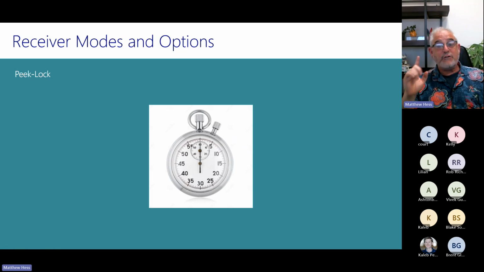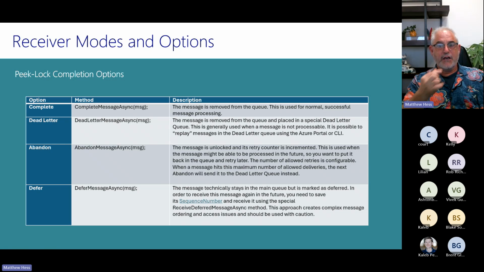And if you don't do your completion action before the timeout expires, it does one for you, which you'll see: it abandons it, which puts it back in the queue. So that's how a peek lock works. It starts a timer, and you have that amount of time to do a completion action.